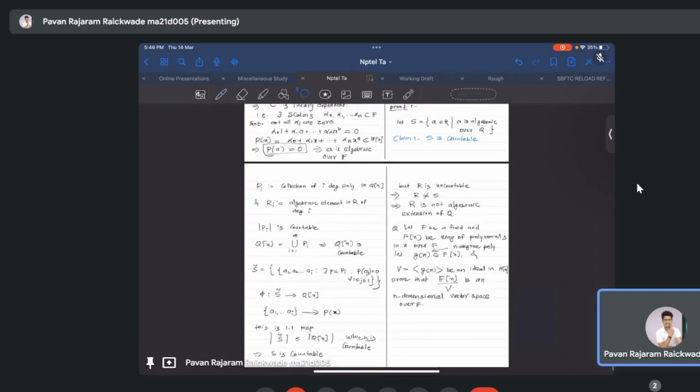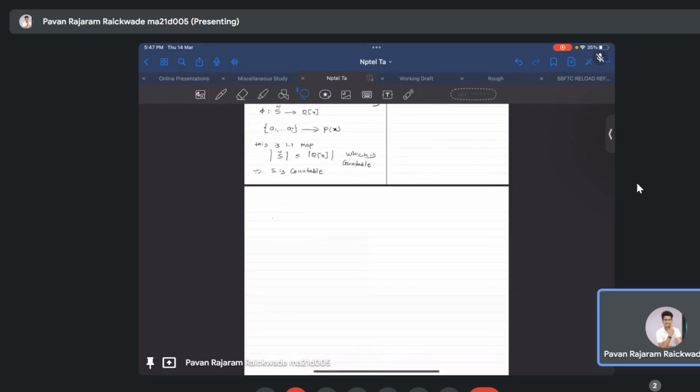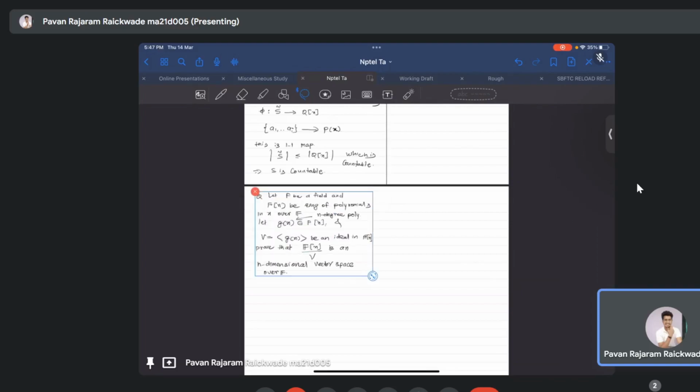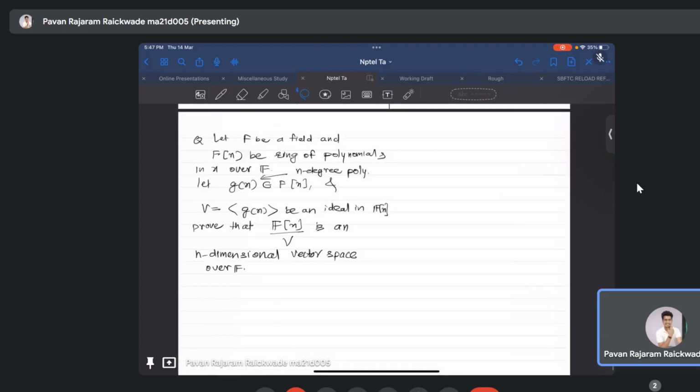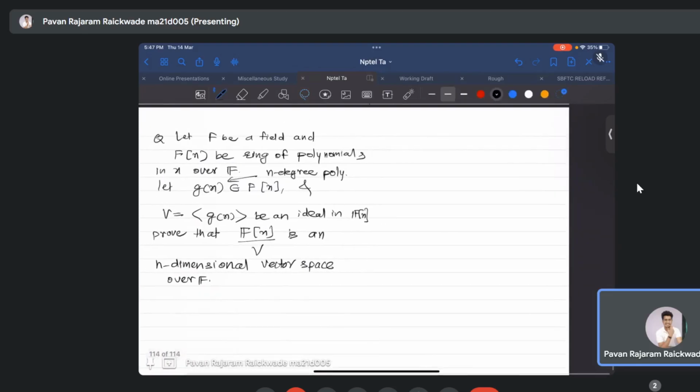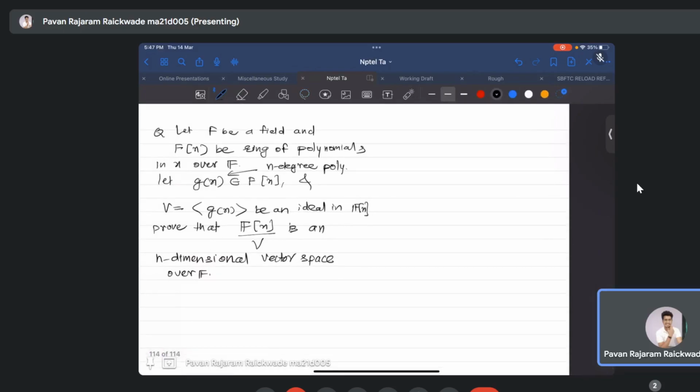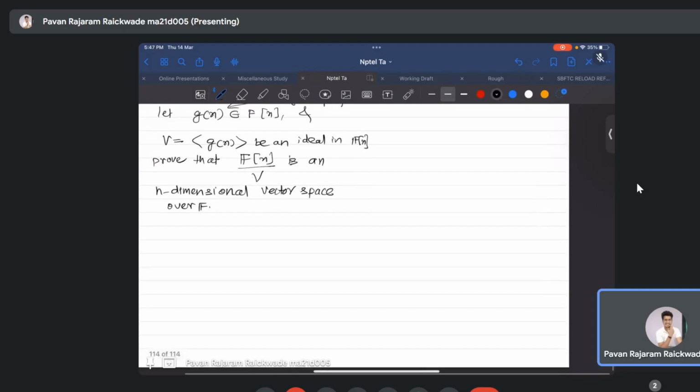I'll take this to the next page maybe. We want to show that F[x] quotient V, where g(x) is an n-degree polynomial, is an n-dimensional vector space.